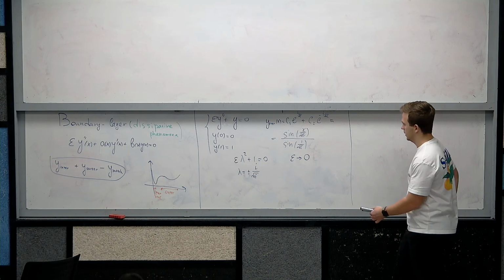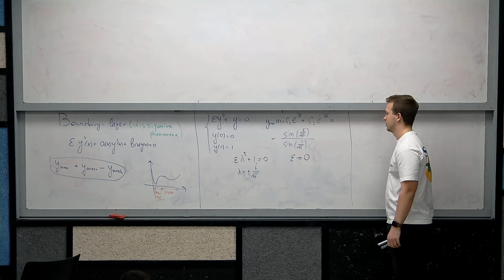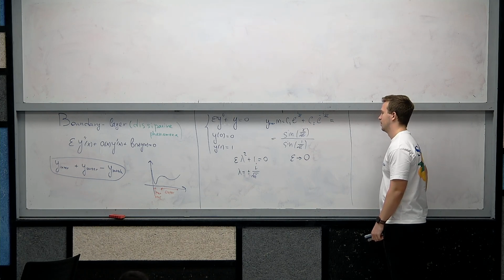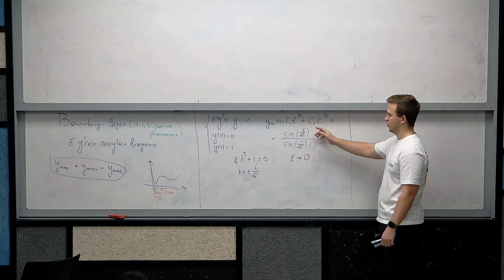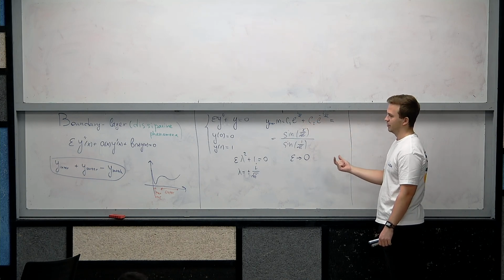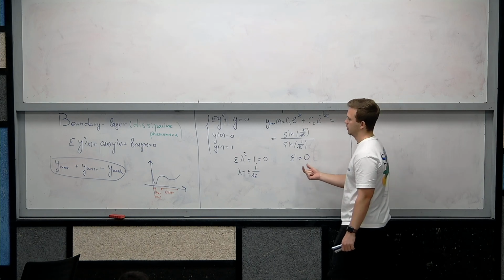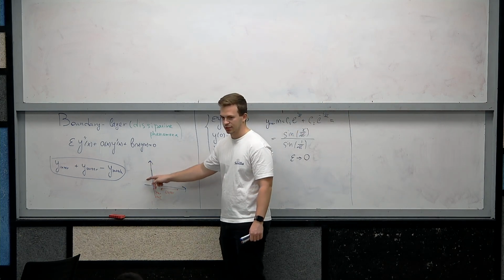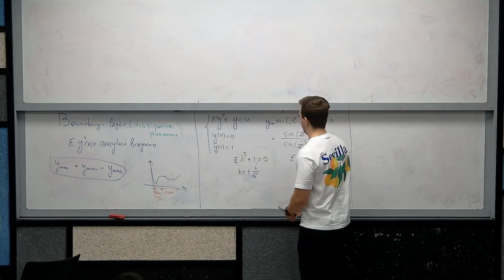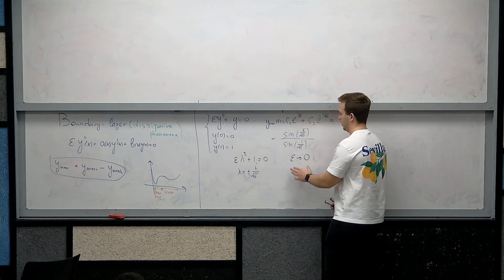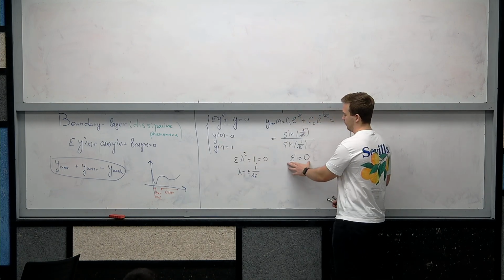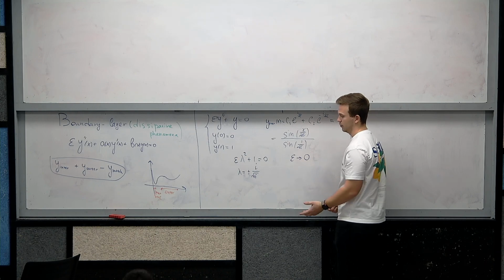It oscillates highly, independently of x. So we don't have any small inner region in which there are high oscillations of the function. For the whole domain from 0 to 1, we may have this oscillation as epsilon goes to 0.